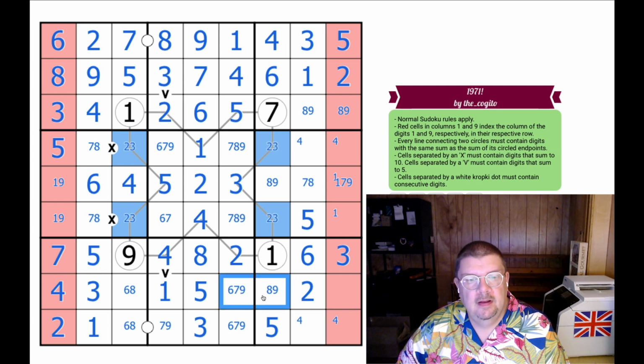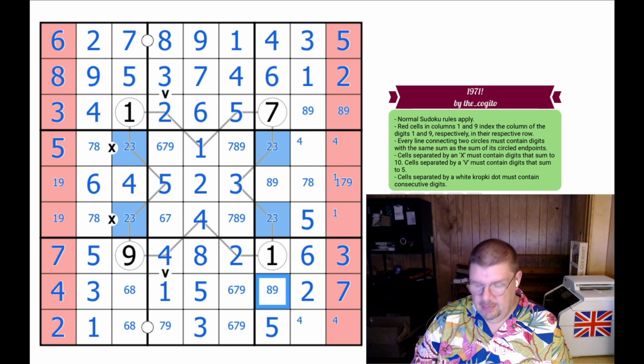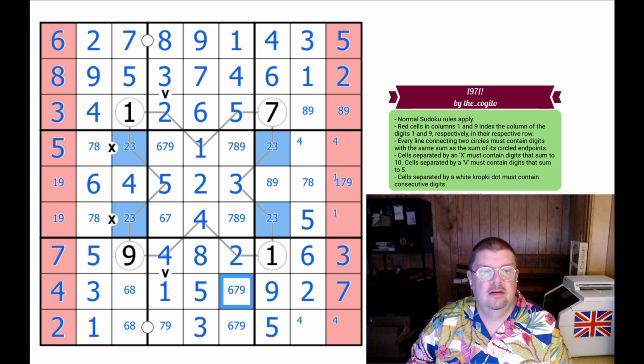Okay, 9 can only go in one of those two places in the row, which is column 6 or 7. So this must be a 6 or a 7, but it can't be a 6, so that must be a 7. That places 9 there, so that is not a 9.